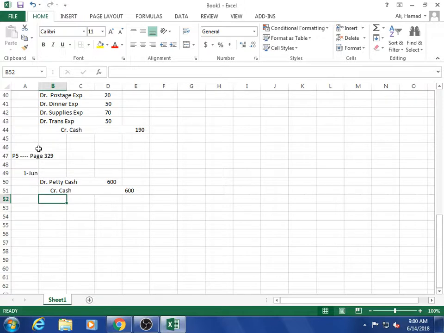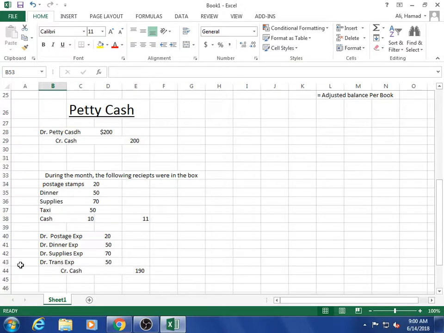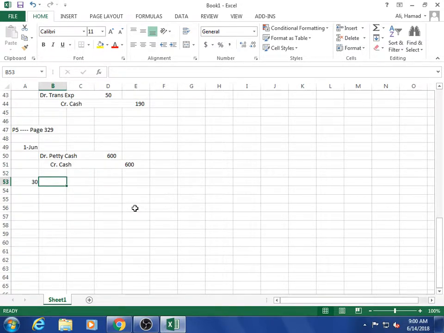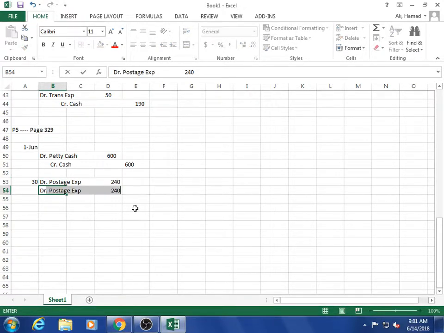So what do we do on June 30th? On June 30th, we're going to debit like we did here. Yeah, we're going to debit all of those. So we're going to debit postage expense for how much? 240. What else?